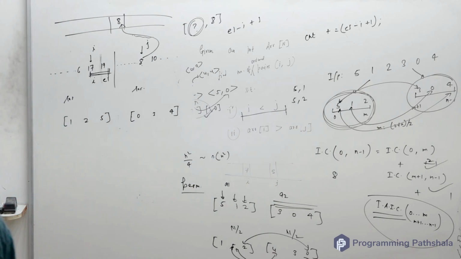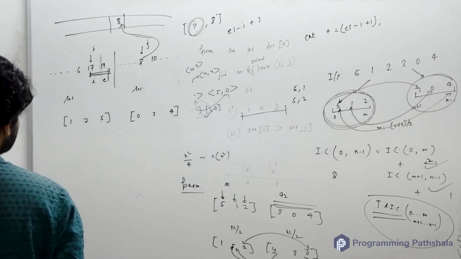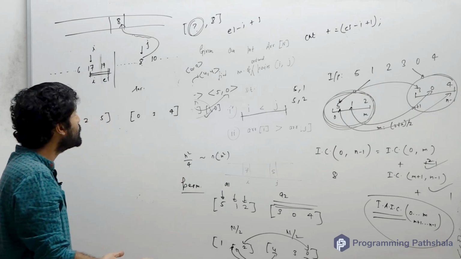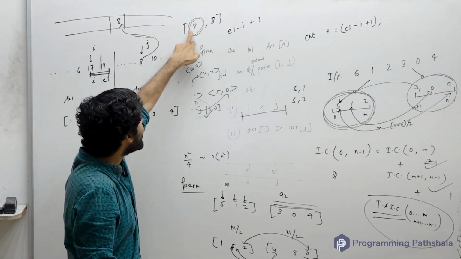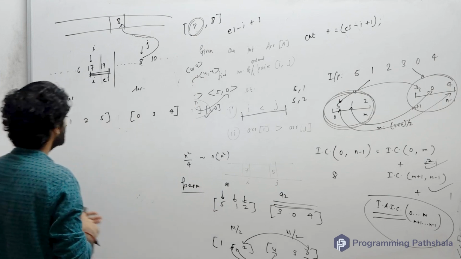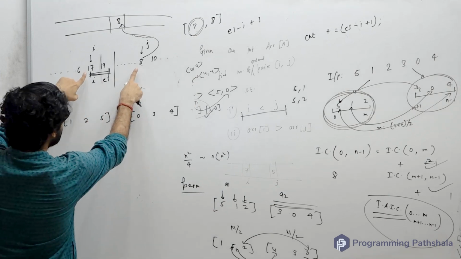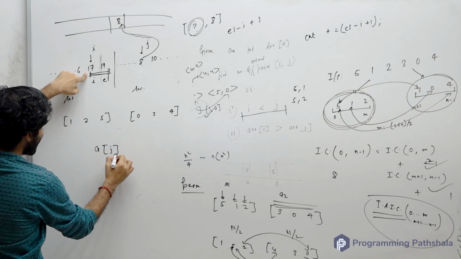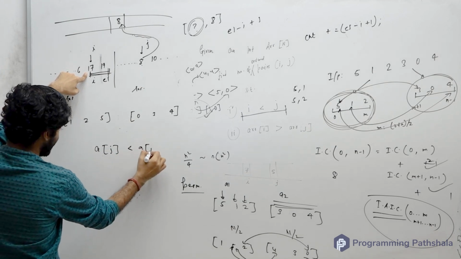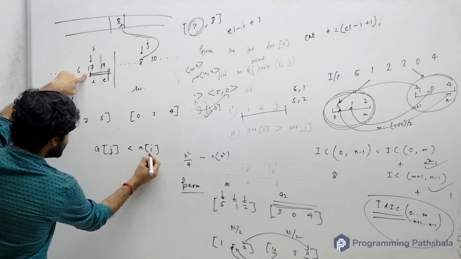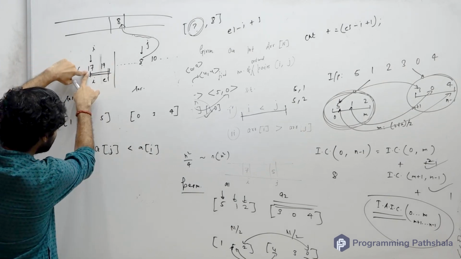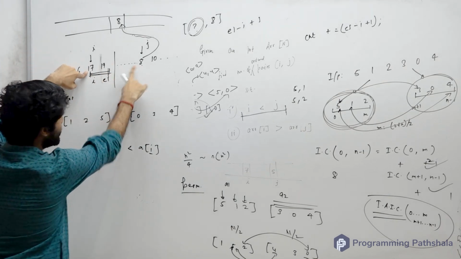Right? So next I said, did I miss out on some of the elements which could also potentially have been an element over here? The answer is no, because the moment such a situation happened where a of j happened to be smaller than a of I, then this a of I will be the first element in this array such that it is greater than a of j.